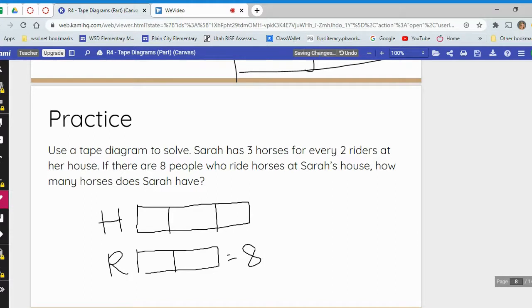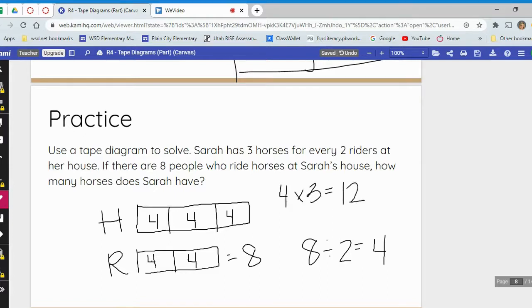How many horses does she have? Well, I take that 8 and split it in my 2 sections. 8 divided by 2 is 4. So each piece or section represents 4. Now I answer my question. How many horses does Sarah have? Well, 4 times 3, because there's 3 sections, so she has 12 horses.